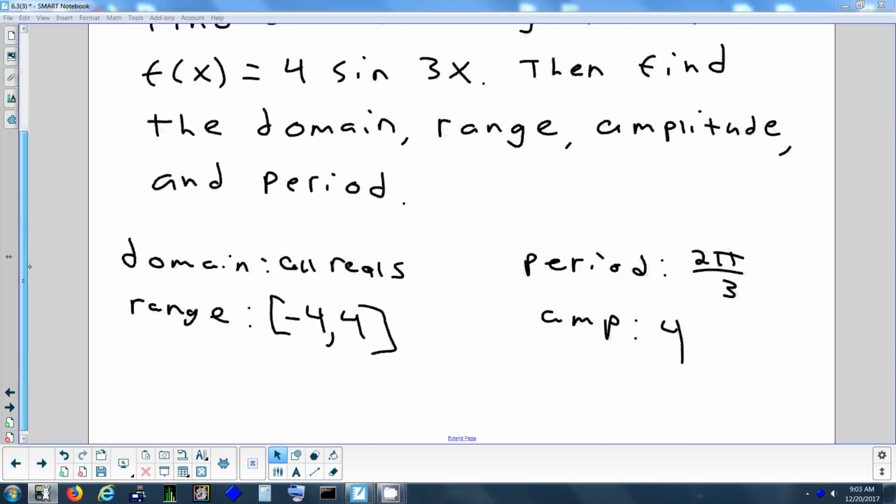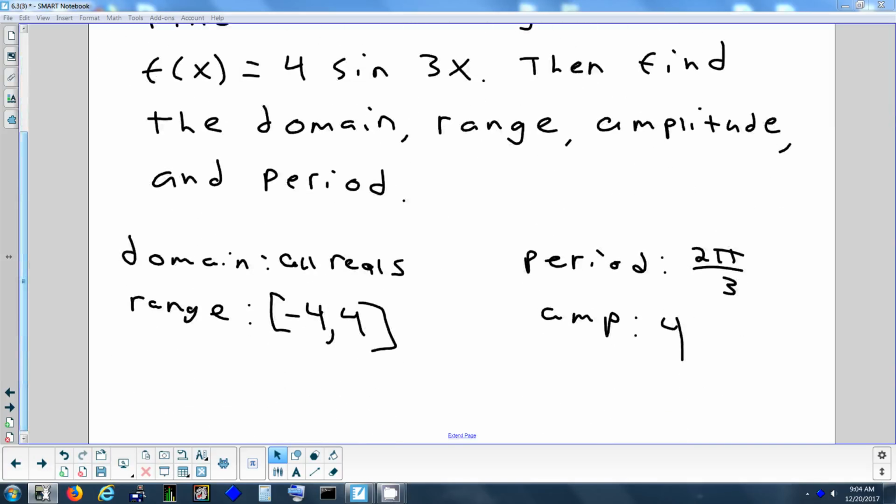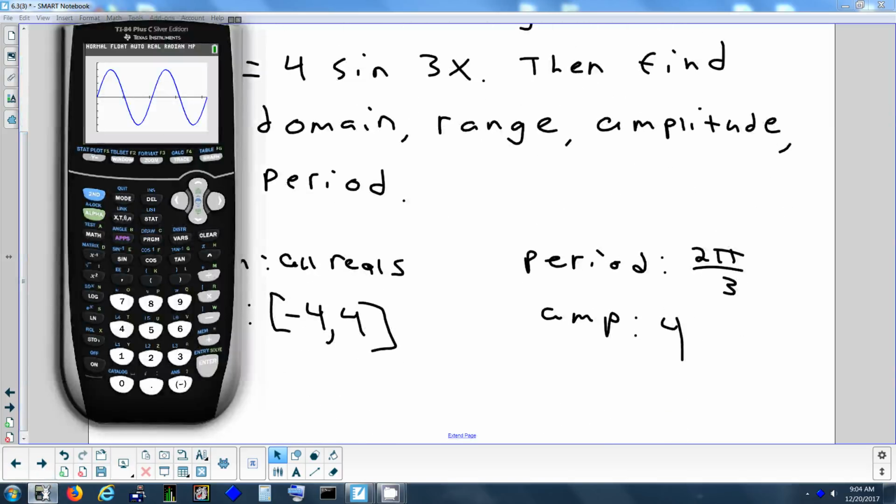Okay, so any questions on how we found those 4 things, or a complete graph that showed 2 cycles? Important when you show a complete graph, make sure that you don't cut off the top and the bottom of the wave. You've got to see the whole thing.